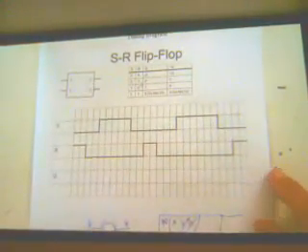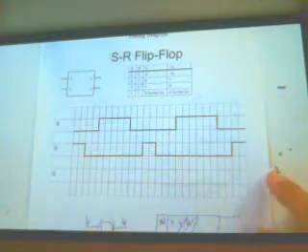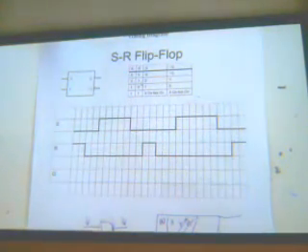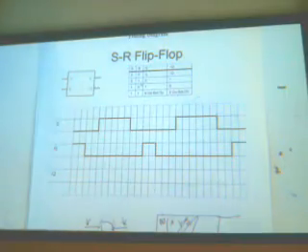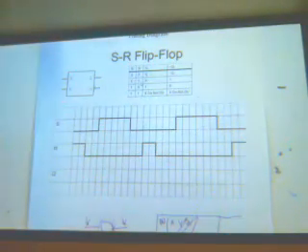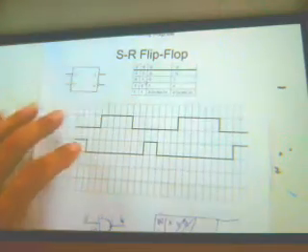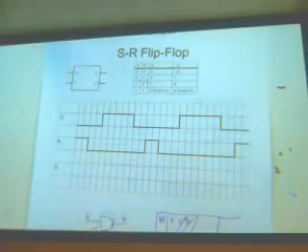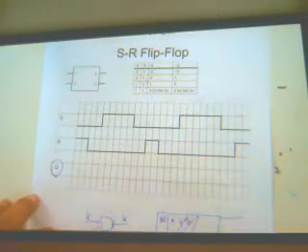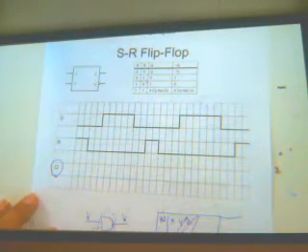Okay, now we have a timing factor. For these SR flip-flops, that's not too important, but eventually we get to flip-flops that have a clock as an input. So let's go ahead and figure out what our state is. And we don't have not Q, but Q is enough. If we know what Q is, then we know what not Q is, right?